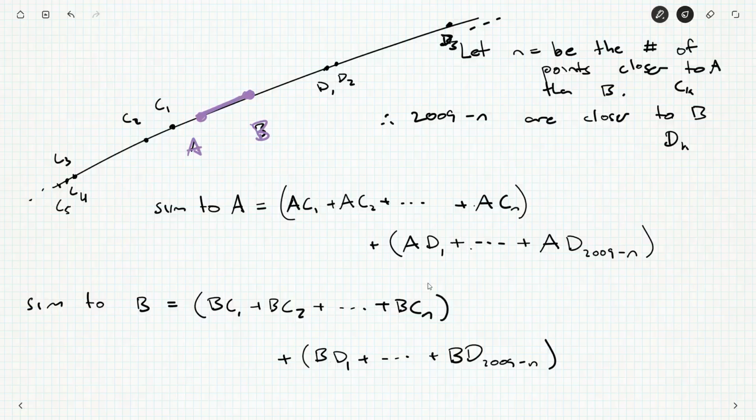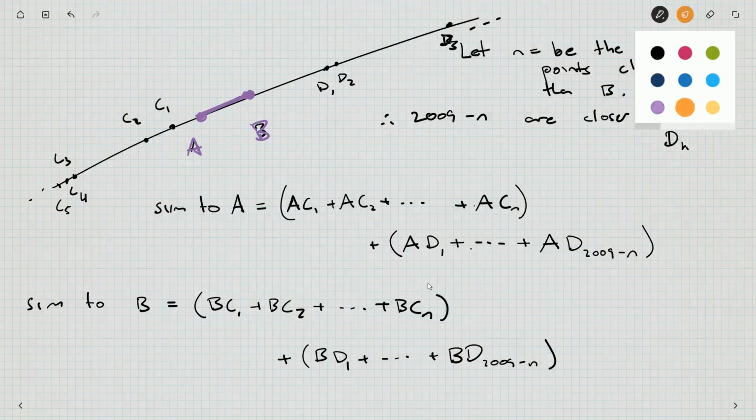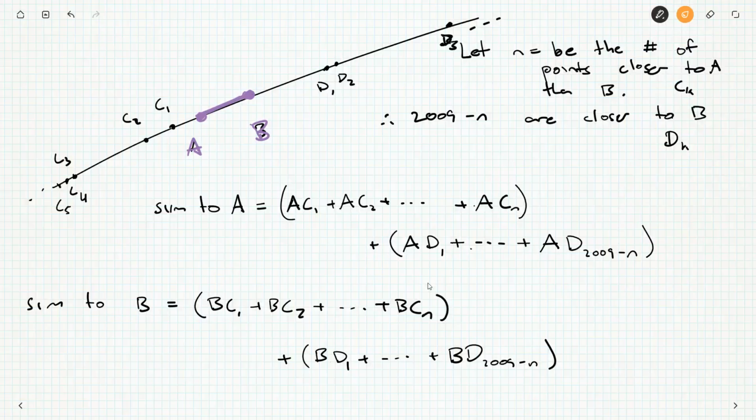Well, it's very hard to compare them right away, but here's AC1, and then here's BC1. You see? So ACK plus AB is equal to BCK. And we know this works because the C's are closer to A.